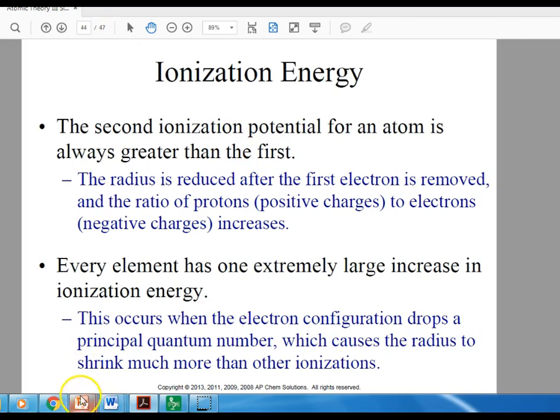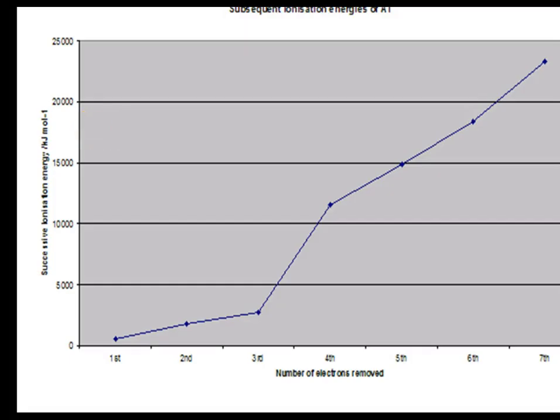All right, let's go back and look at some more images of that. Still talking about aluminum here, this is just another way to represent that. And so you see the first, the second, and the third ionization energy. While it's steadily increasing, these are all within the same range. And then we see a big jump to take off the fourth electron because it is in an inner shell.